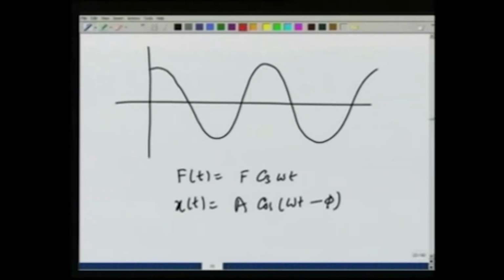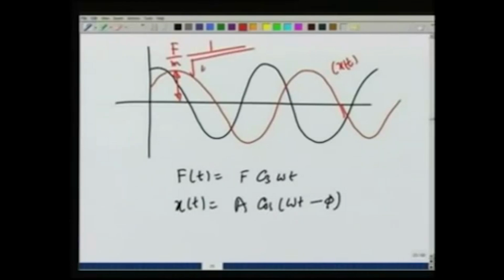So, this displacement is going to look something like this. This is x(t), where this amplitude is F over m, 1 over the square root of (omega naught square minus omega square) plus gamma square omega square, and this phase angle is given by tangent phi equals gamma omega over (omega naught square minus omega square).